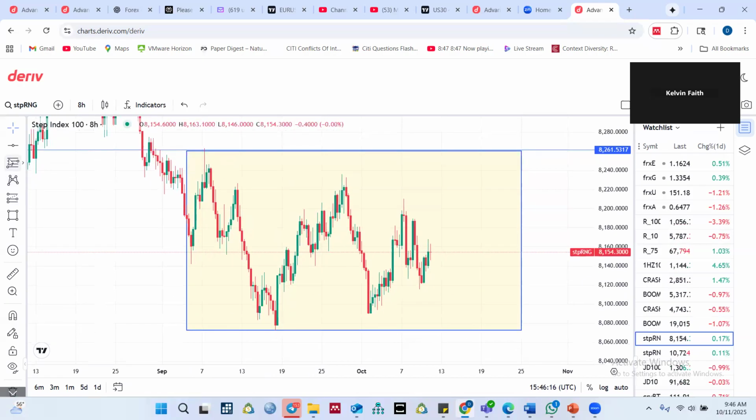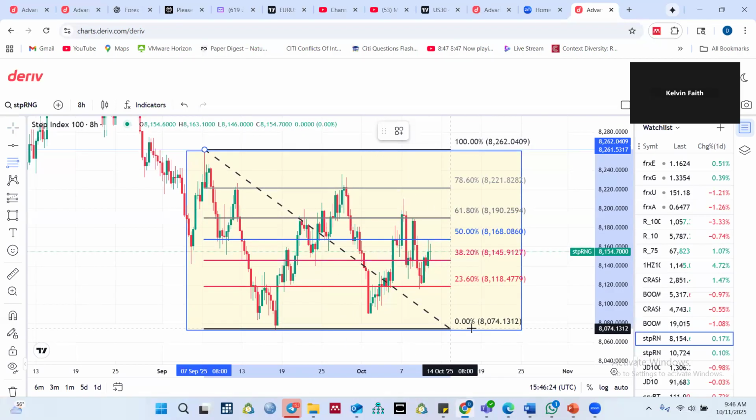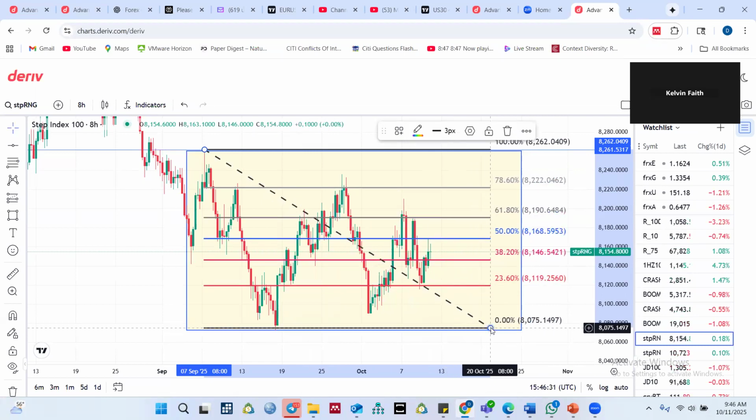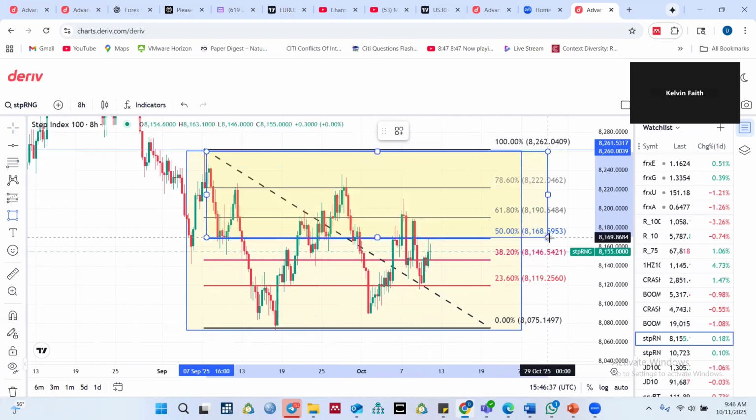So we have a range. So what do we do with that range? We can use our Fibonacci to measure that range, and if we are looking for a sell bias or a bearish bias, then we would have to monitor, because this pair is bearish, price inside of premium, which is anything above 50%.